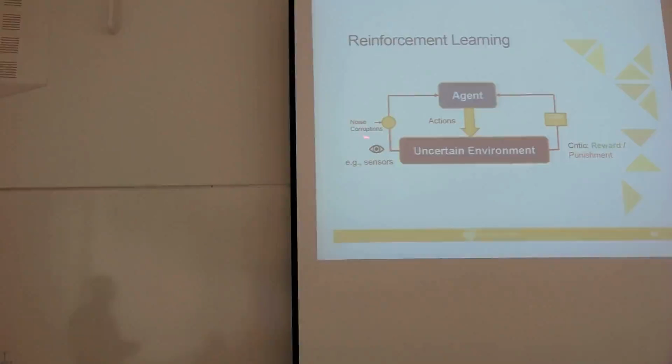We might have noise or corruptions, and then the agent will read the sensor data and take action based on it, and the environment will give some feedback with some delay, a reward or punishment, to say that it is a correct action or a wrong action. In the long run, the agent can update its knowledge about the environment.